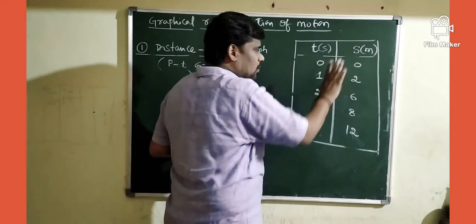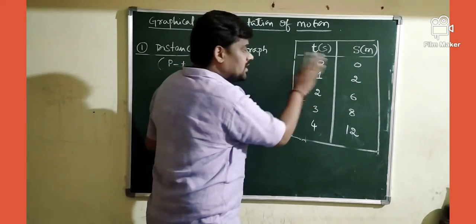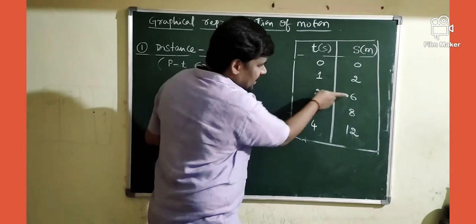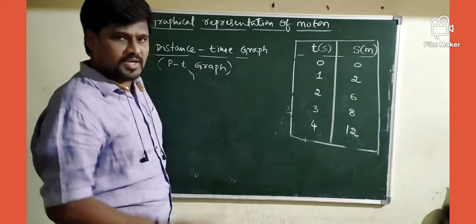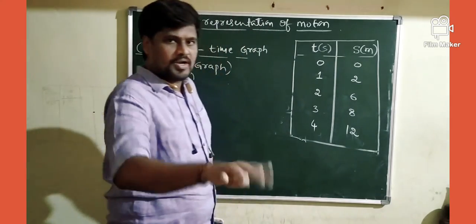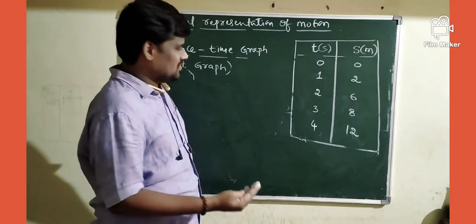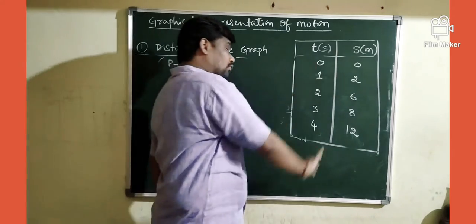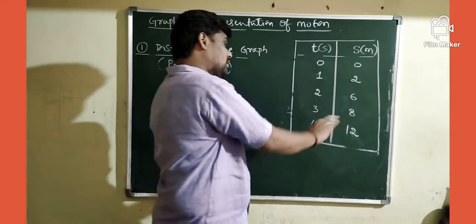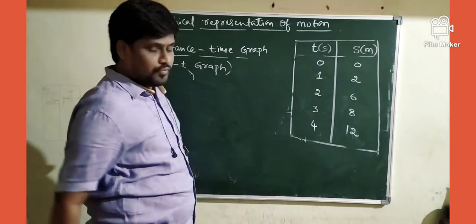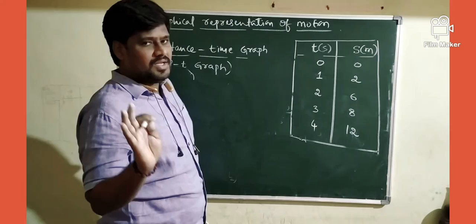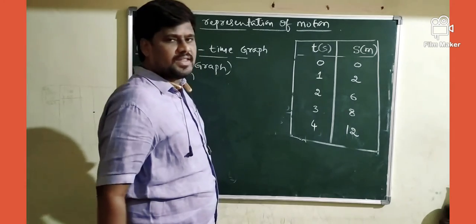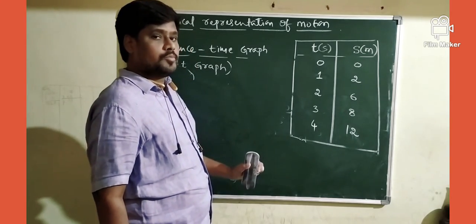From 2 to 3, in the next 1 second, the body covered 2 meter again. Then from 3 to 4, it covered 4 meter. This indicates that the body is not covering equal distance in equal intervals of time, so easily we can say that the body has non-uniform speed.